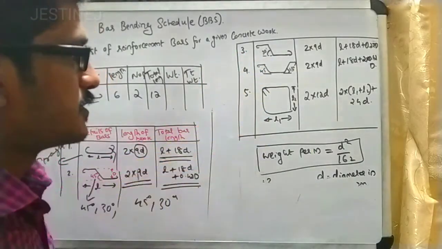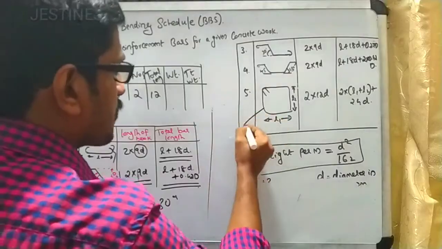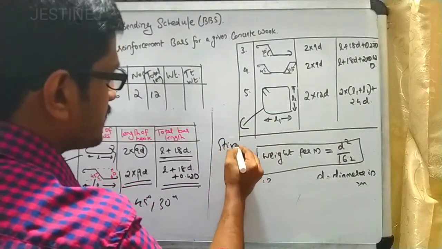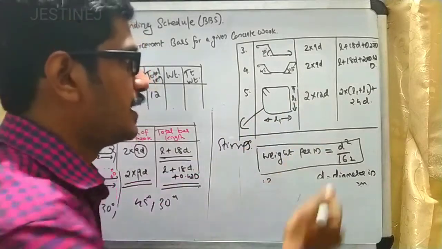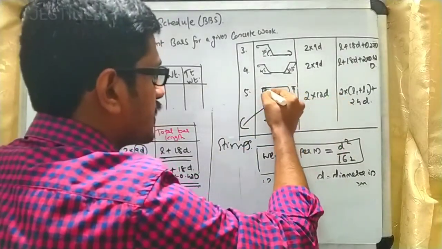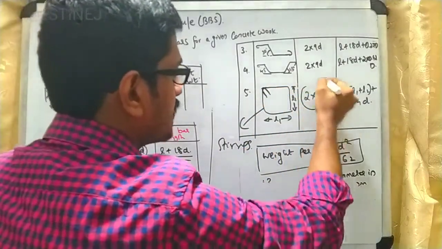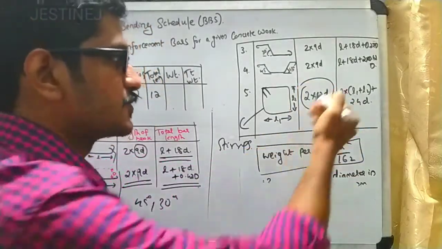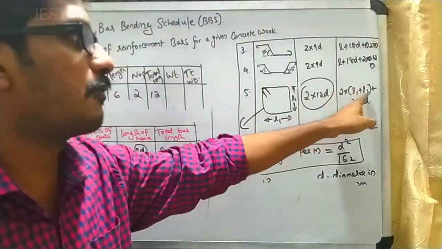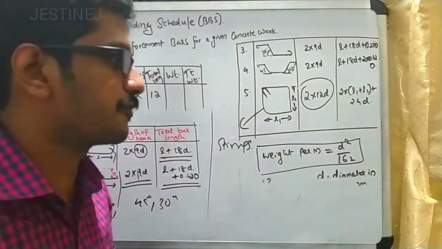Okay. And if stirrups are provided, this is an example of a stirrup with dimensions L1 and L2. To find the hook length on both sides, it is going to be 2 multiplied by 12d, that is 24d. So the total length is 2 multiplied by L1 plus L2, plus 24d.